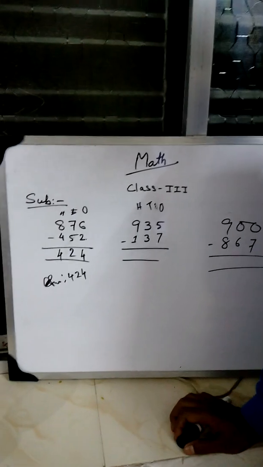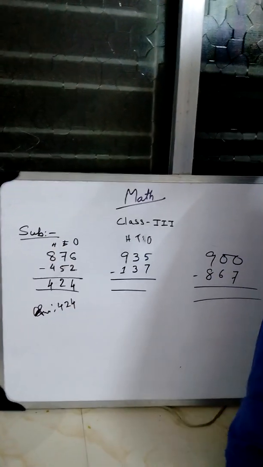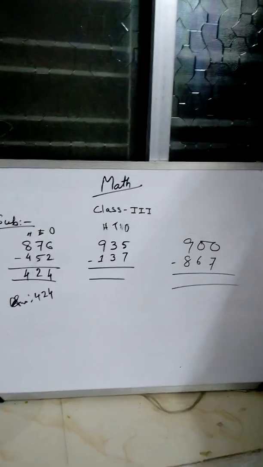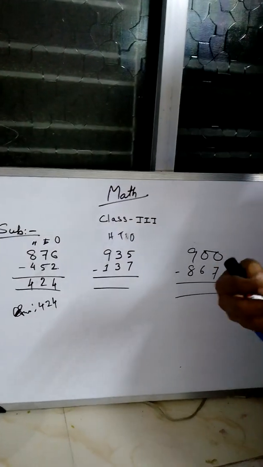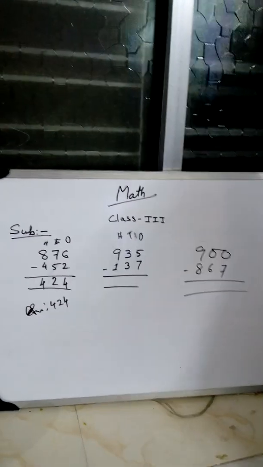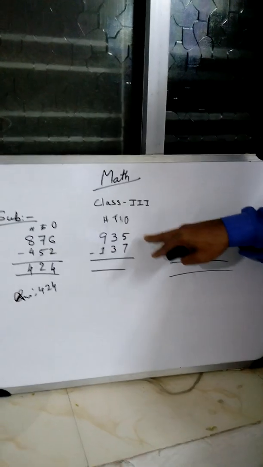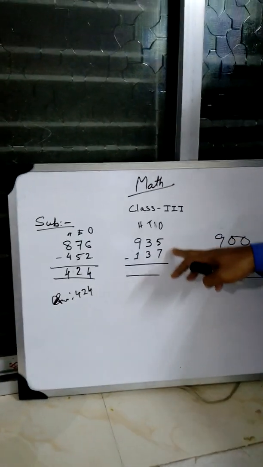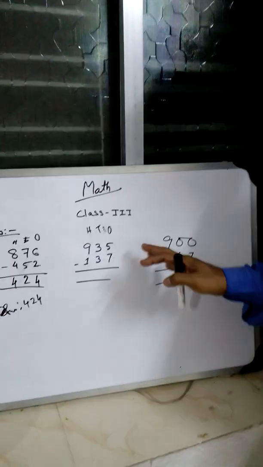So we have to borrow a number from the previous number, and as we are borrowing the number, we have to return the number to the next digit. For instance, here we are subtracting 137 from 935.